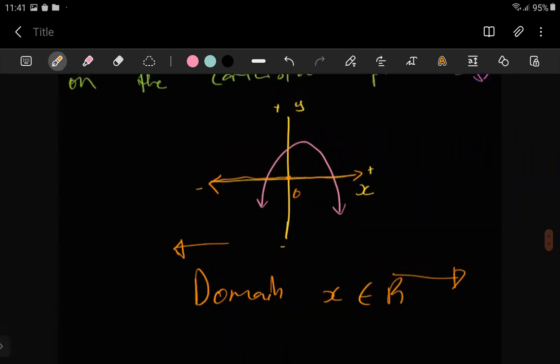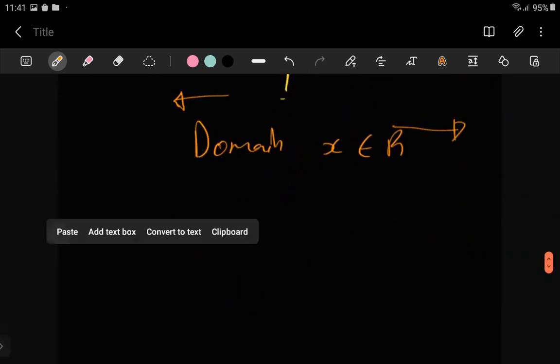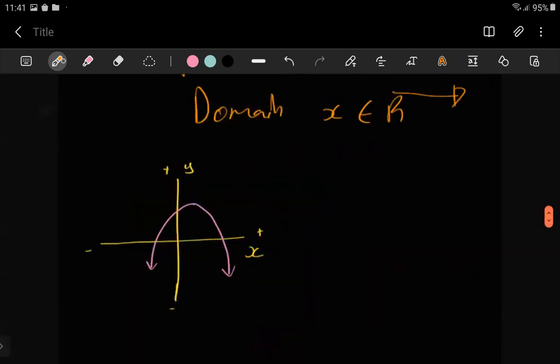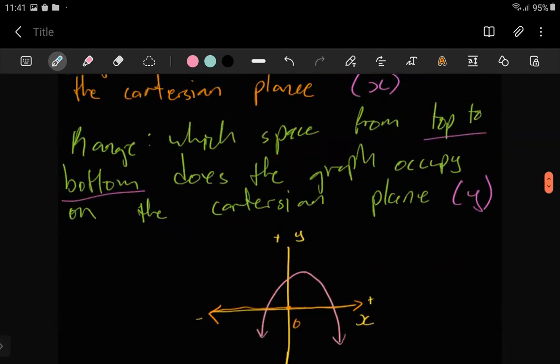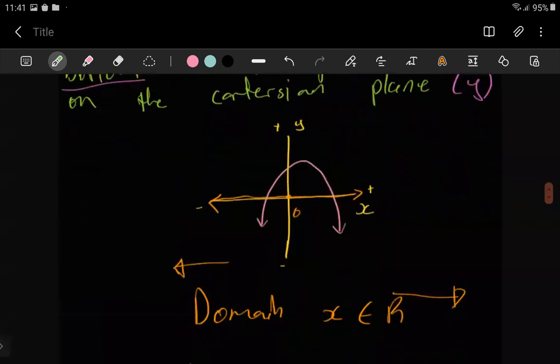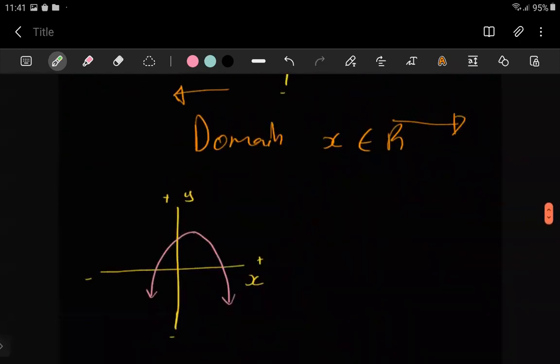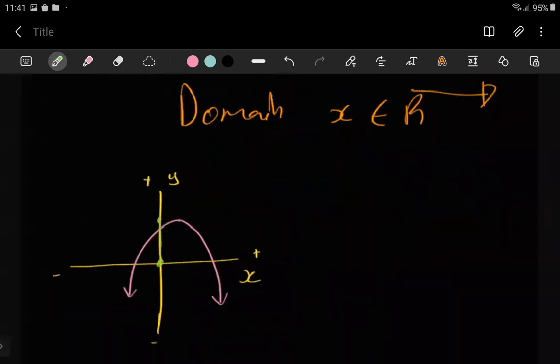So when you have this same picture and we're asked for the range, remember range would just be asking you which space from top to bottom does the graph occupy on the Cartesian plane. You can even look from anywhere you want. Going upwards here, you can see your graph all the way until this specific y value here.